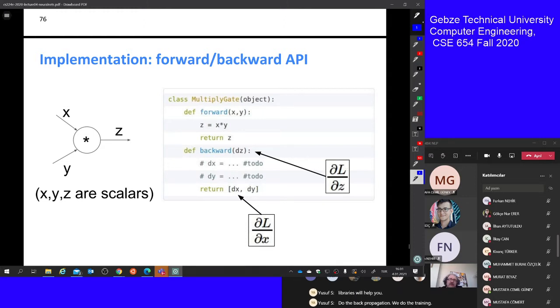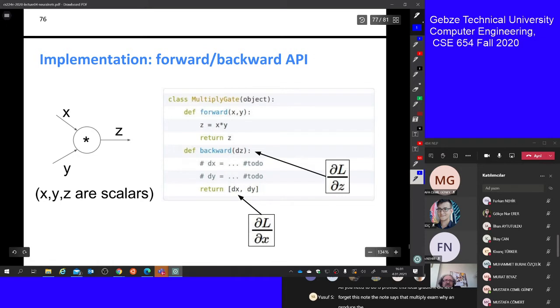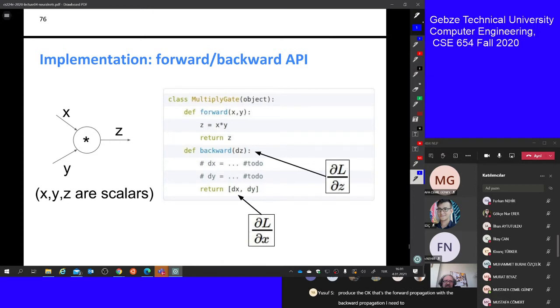All you need to do is provide this local gradient. Okay, let's look at this node. The node says to multiply x and y and produce z. That's the forward propagation. With the backward propagation, I need to provide dx and dy, and this code will be written by you here.